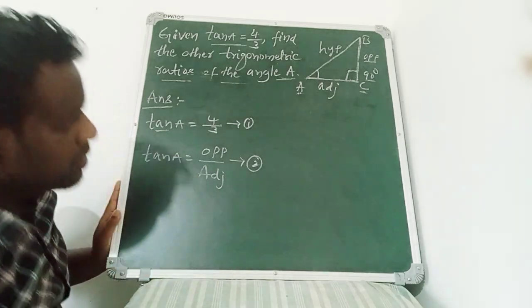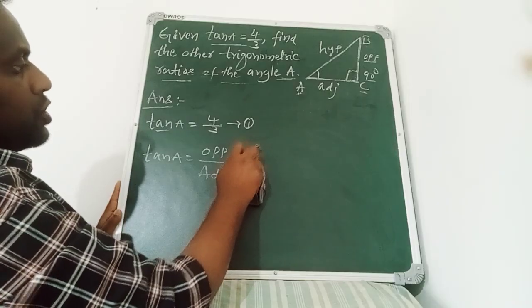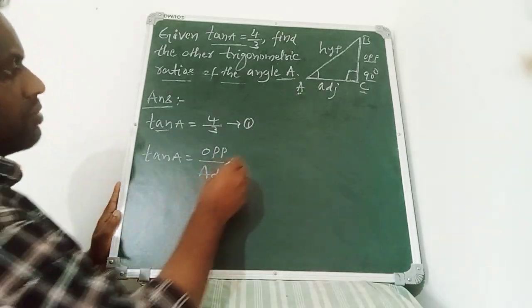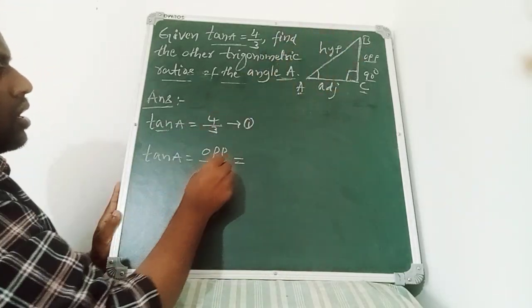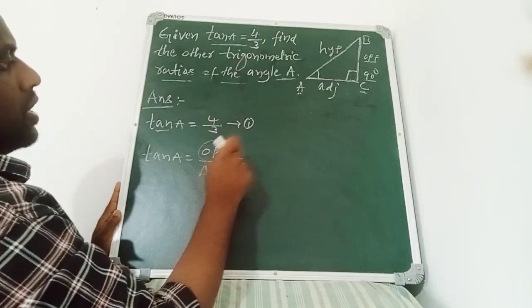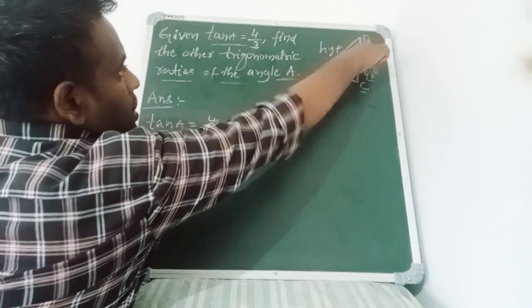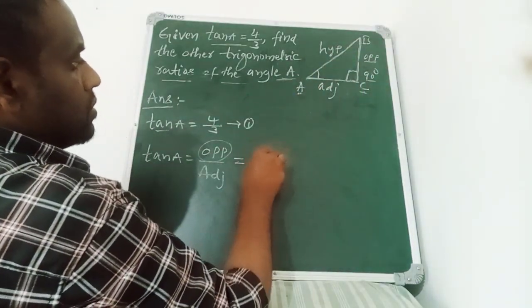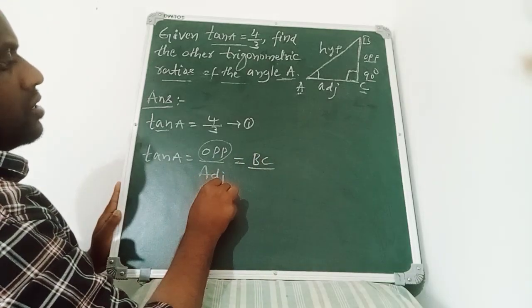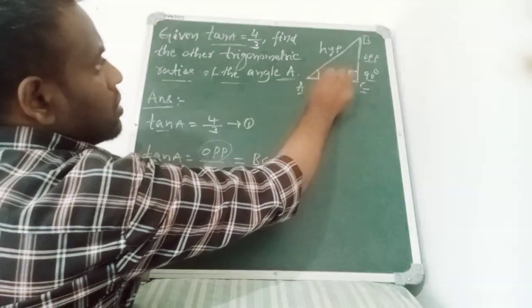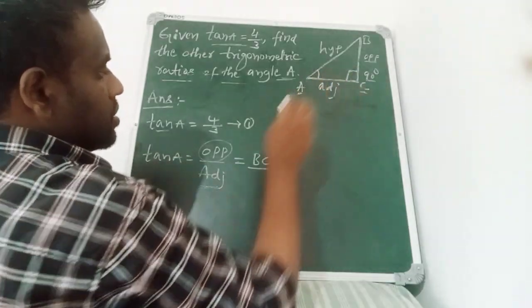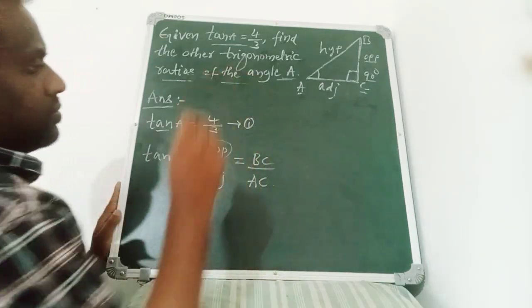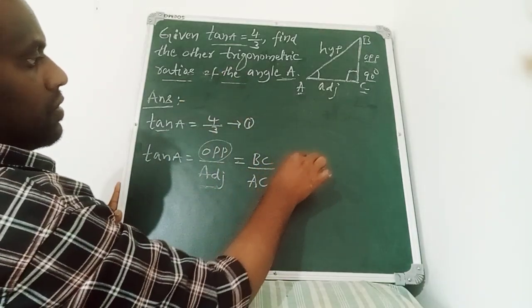So before writing here equation 2, first here we will mention opposite side from the figure, what? BC, that you write here, divided by adjacent side from the figure is what? AC. AC is the adjacent side. I will write here. Okay. Now call this equation 2.